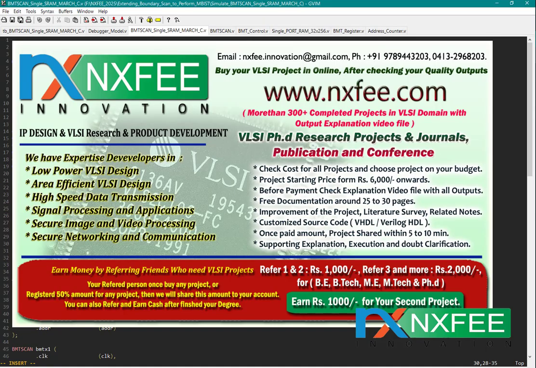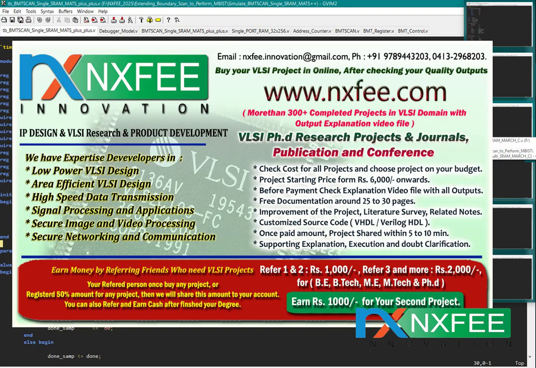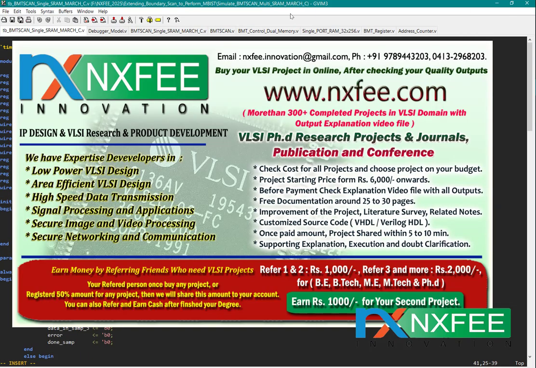In the same way we modified the code for the BIST scan MATS plus algorithms, and the same method we have included for the MATS multi SRAM architectures and MATS plus multi SRAM architectures.